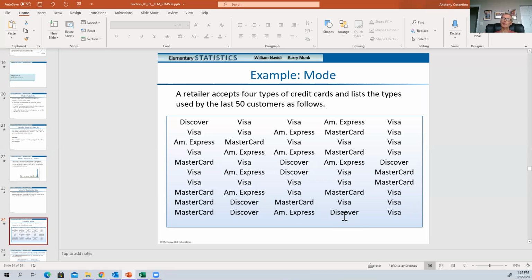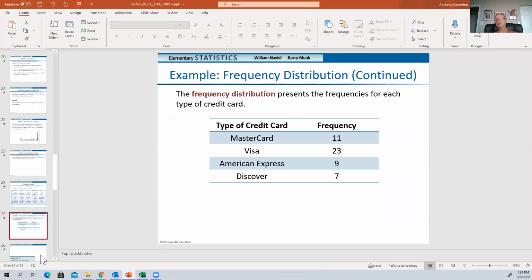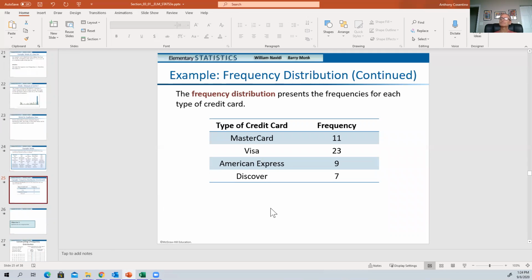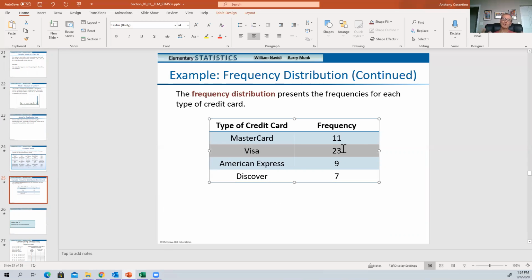So you remember when we set up the frequency chart, and I plopped it back in here so we could see it. When we list these all up here, you could see that Visa is the one that occurred most often because it occurred 23 times. That's what the frequency means.